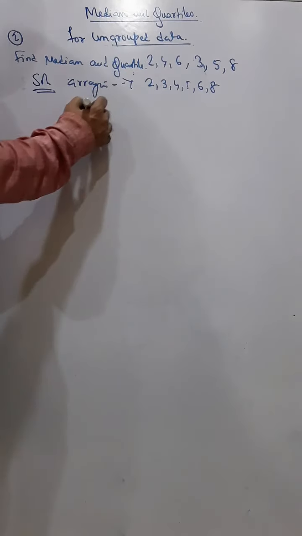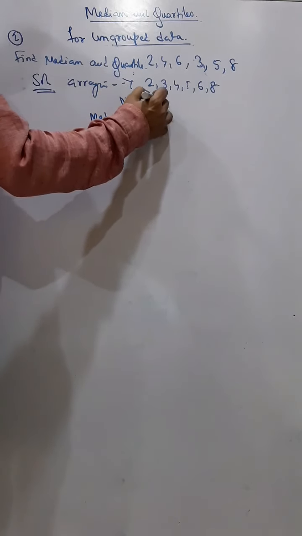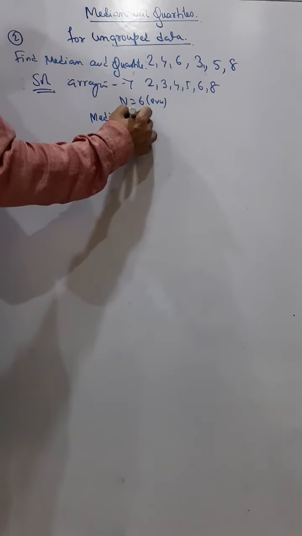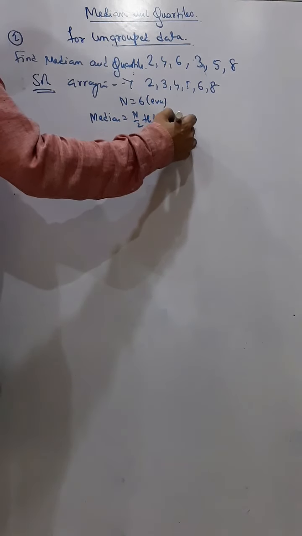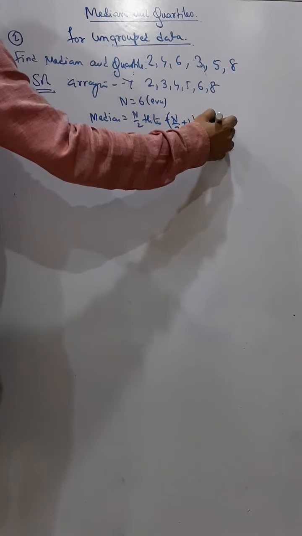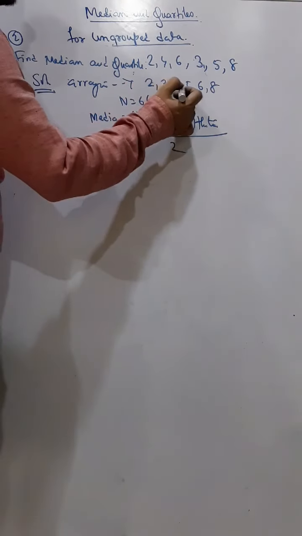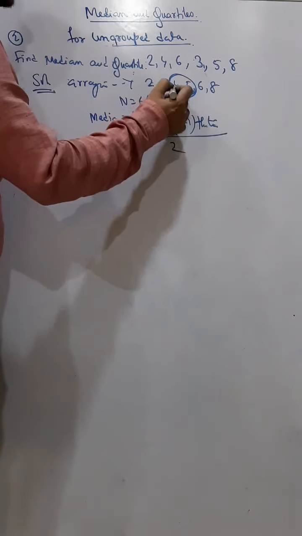So median, as I have told you, for even. Now here n equals 6 and that is even. So median will be n by 2th term plus n by 2 plus 1th term and divide by 2. Understand? Because here you have even terms, so naturally you will have 2 mid values.